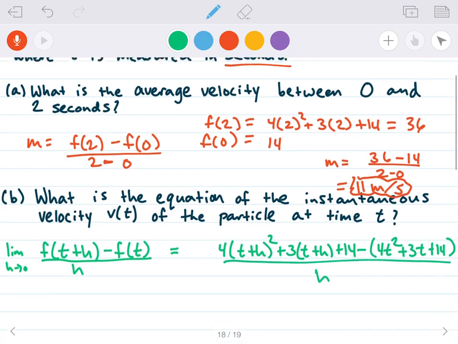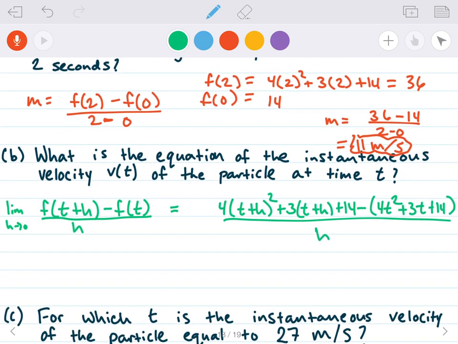All right, so let's go ahead and expand this out. Okay, so t plus h squared is just t plus h times t plus h. So I get t squared plus 2th plus h squared.